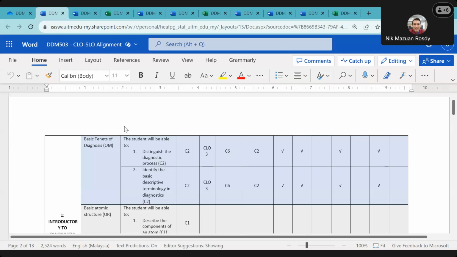So dia boleh jadi C1, dia boleh jadi C2, C3, C4, C5. And then kalau PLO tu C5 sahaja, dia tak ada psychomotor component, dia tak ada affective component, you tak boleh ada SLO yang map kepada yang ada psychomotor or affective. So you get what I mean? Kalau dia kognitif je. Kalau dia ada psychomotor, dia kena map juga. CLO tu kena ada yang psychomotor lah.